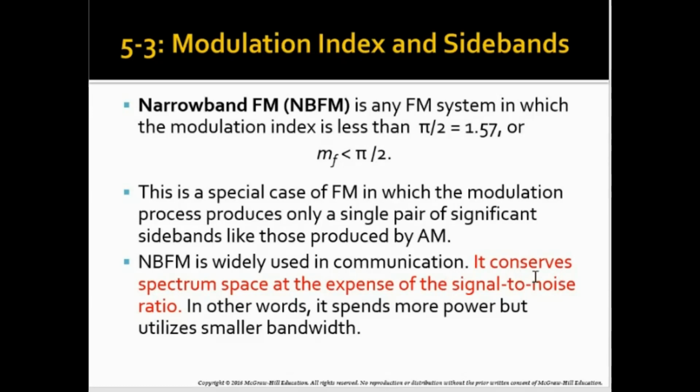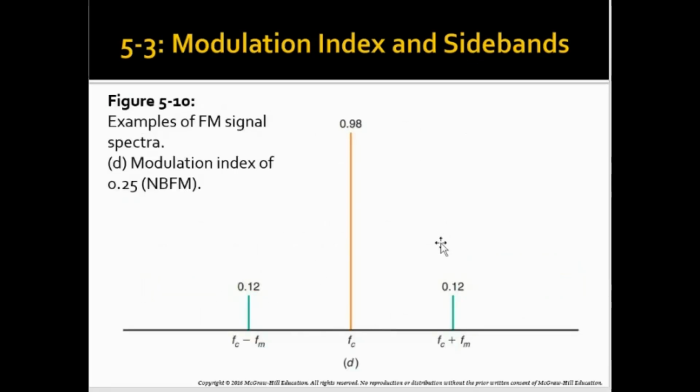It conserves spectrum space at the expense of the signal to noise ratio. So we reduce the bandwidth, but we need to increase the power. When you reduce the bandwidth, what you lose is your power. In other words, it spends more power but utilizes a smaller bandwidth. So this is one example.